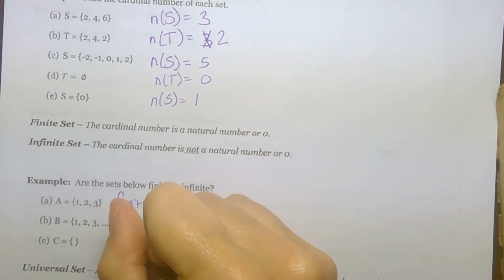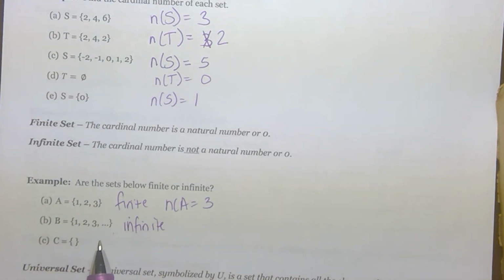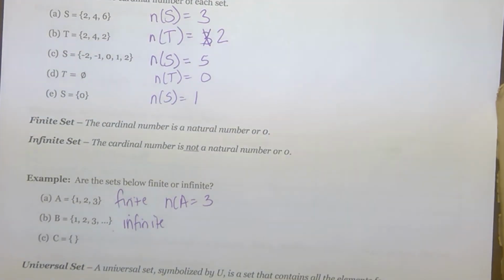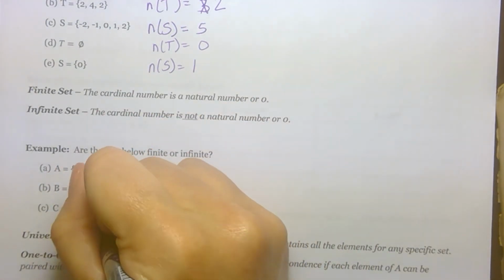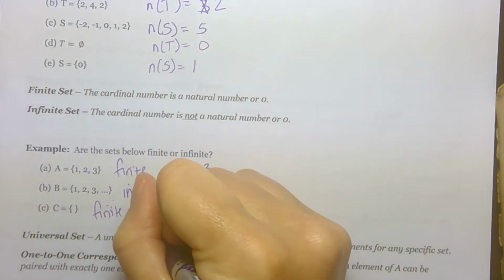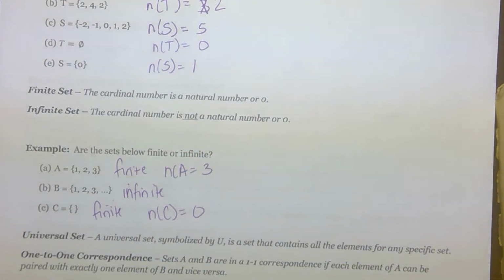Set B is infinite, though. Because of that ellipsis, it shows that it just keeps going, and so I cannot give a cardinal number for set B. It doesn't have a definable cardinal number. What about set C? Set C is my empty set. An empty set is finite because I can identify it with a cardinal number. It has 0 elements.